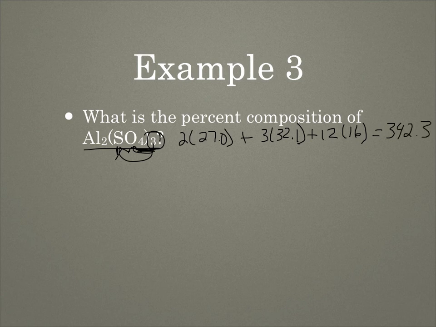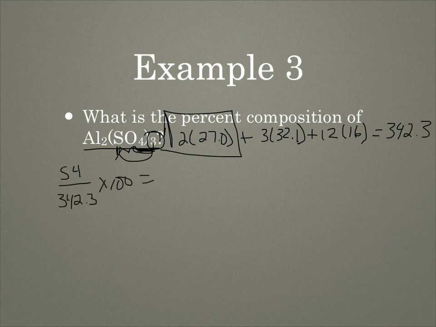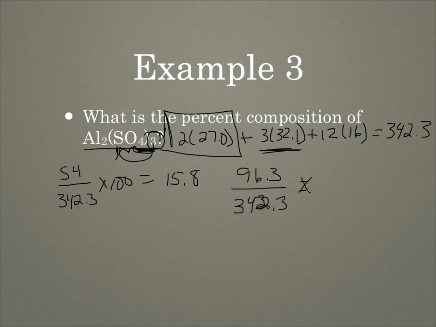Then just do the parts. Okay, so for aluminum, do the 2 times 27, so 54 over 342.3 times 100 gives you 15.8. If you do the next one, sulfur, 96.3 over 342.3 times 100, don't forget that, equals 28.1%.